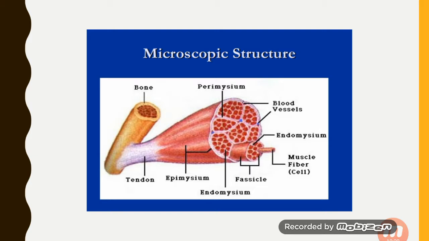Then the outer layer which surrounds a muscle is called epimysium, and the layer which surrounds a fascicle is called perimysium. In between different muscle fibers, there are blood vessels like capillaries and veins. And endomysium is a layer which is present further in the muscle fiber cell.